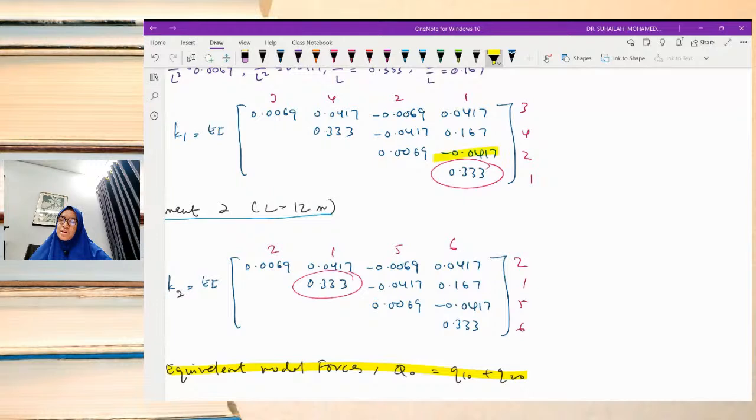So we have negative 0.0417 from K1 and positive 0.0417 from K2, one positive, one negative, so the answer is 0.